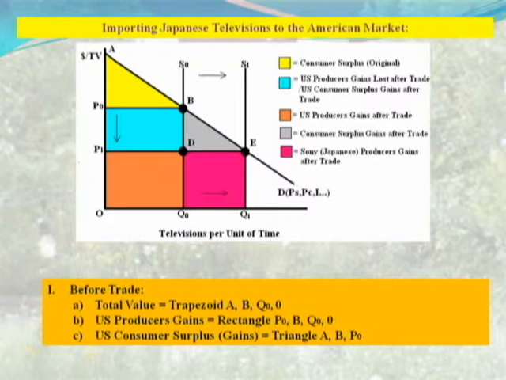Before trade, the total value equals the area made up of the trapezoid with points A at the top there, B down along the demand curve, Q sub 0 down at the bottom there, and 0 in the lower left hand corner. That trapezoid represents the total value involved before trade.